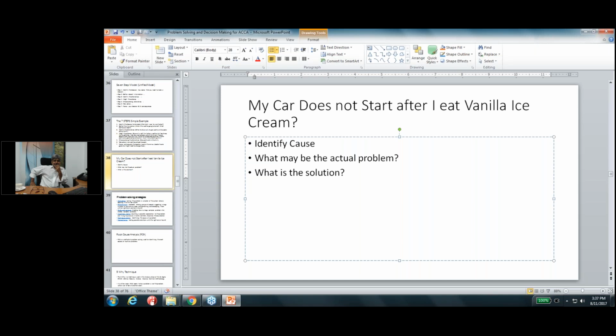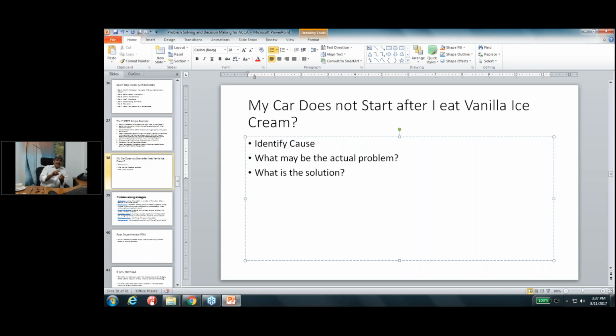Jahanara Ahmed Ali is saying ice cream doesn't have to do anything with the car, so the problem identified is incorrect. That is a very good response. But actually, that is the problem: whenever the customer eats vanilla ice cream, the car does not start.